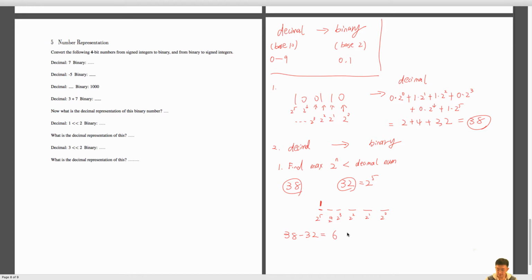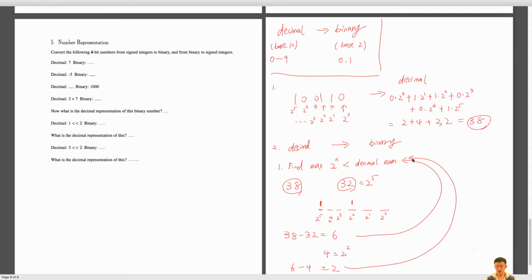And again, we repeat this step. We find the max 2 to the n that is smaller than 6, which we know is 4, and 4 is 2 to the 2. So we put a 1 on 2 to the 2, and we subtract 4 from 6. We have 2, and then we repeat this.